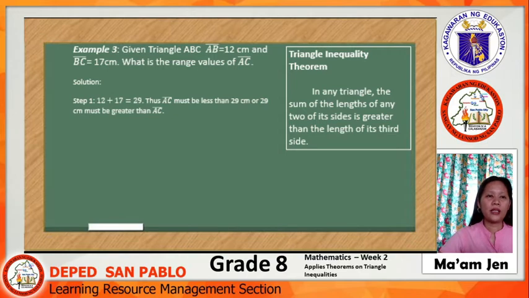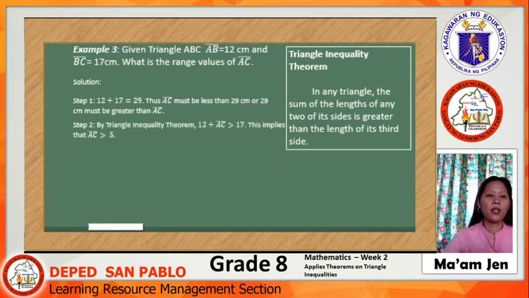Step 1, we have 12 plus 17, which is segment AB is 12 centimeters and segment BC is 17 centimeters. 12 plus 17 is 29. Thus, segment AC must be less than 29 centimeters, or 29 centimeters must be greater than segment AC.